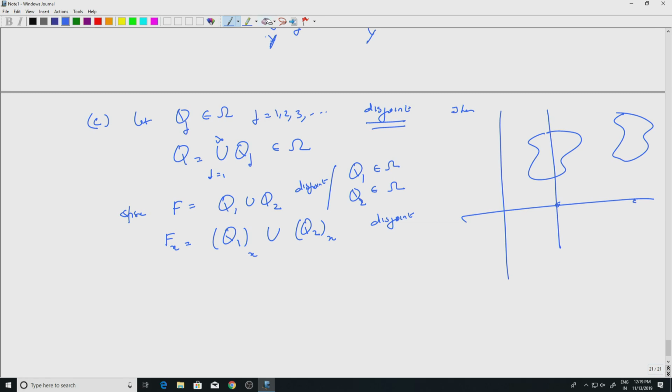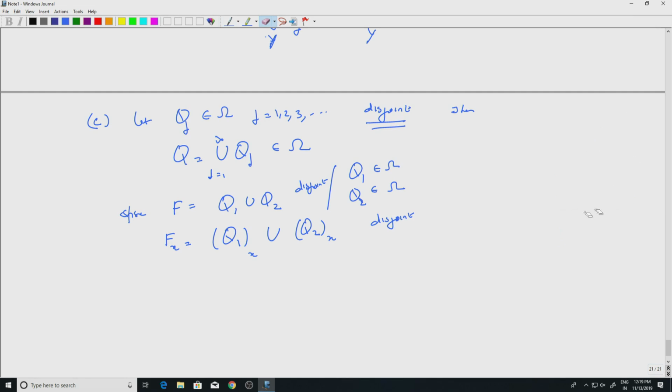Well, you will have to check that. So it's not difficult, but because of this, the measures will add up, right.